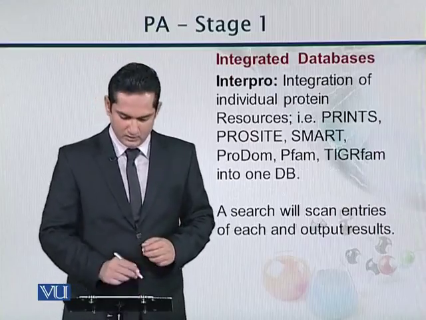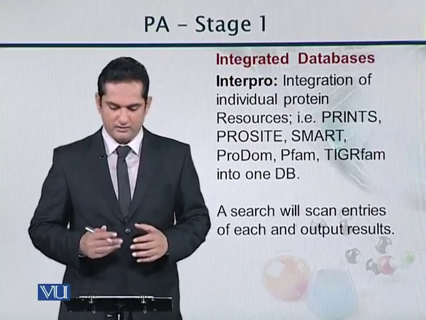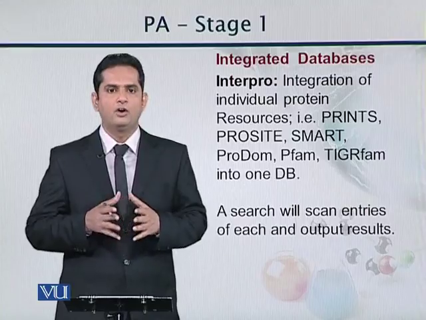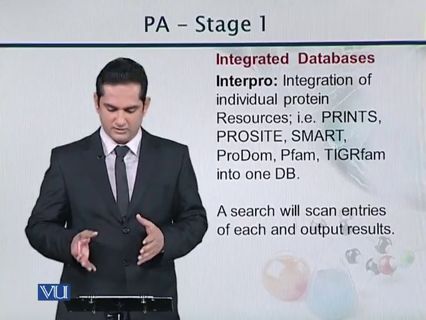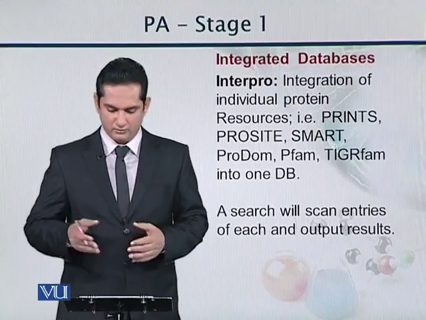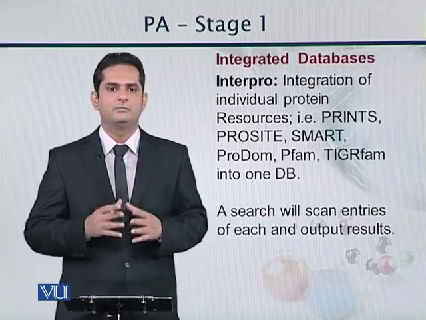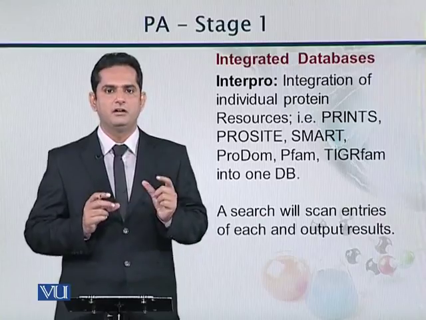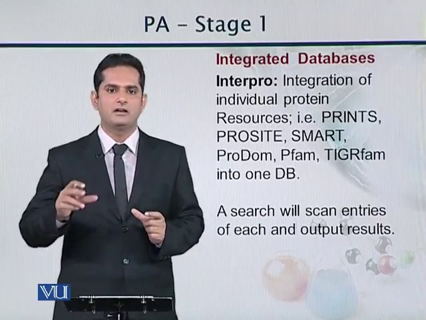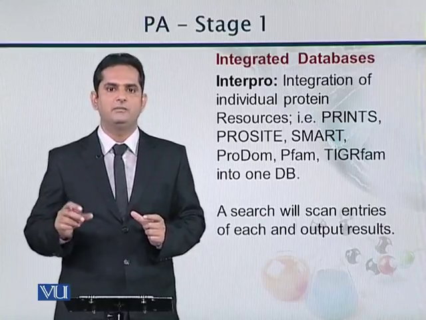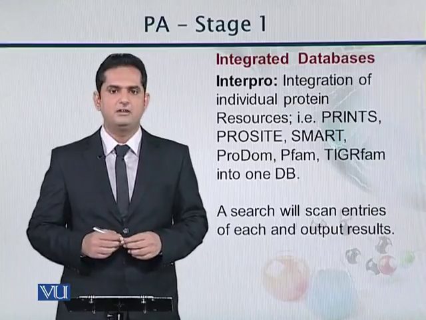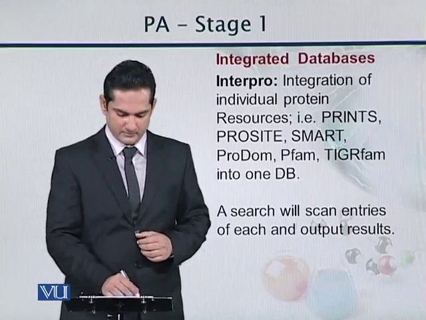Moving on, we have InterPro, which is basically an integration of individual protein signature databases such as PRINTS, PROSITE, SMART, and so on. So whenever we give information to search a protein, it will search that given protein sequence against all the other available protein sequences which are in these different protein databases.